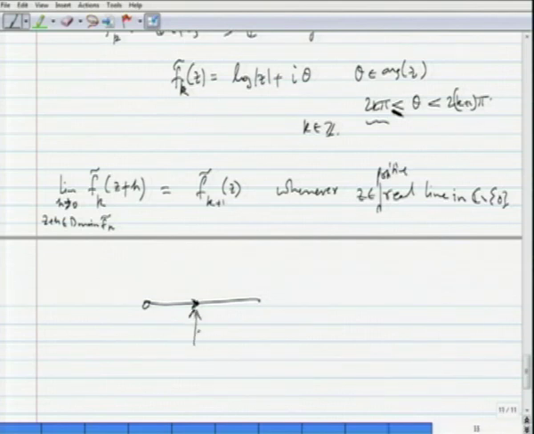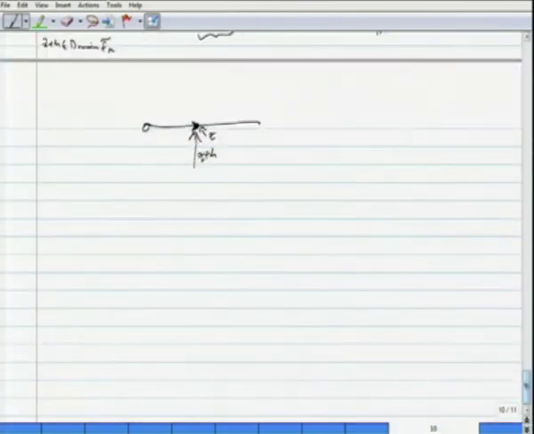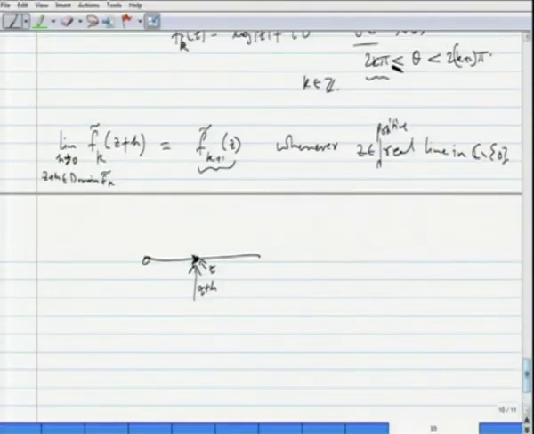As z plus h approaches this z, then the value of f_k tilde of z plus h actually approaches the value of f_(k+1) of z. Okay. That is due to the property of argument. So, this f_k tilde transits into f_(k+1) like that.